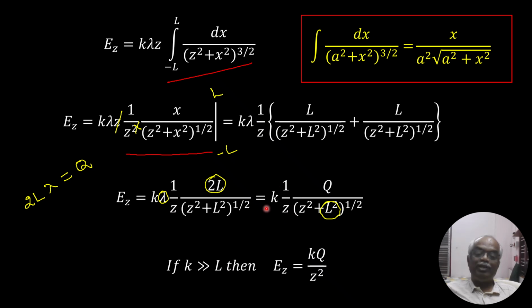Then Ez will become k multiplied by Q over z squared. So this is actually the electric field formula: electric field is k Q over r squared, where k is equal to, as I said already, 1 over 4 pi epsilon naught.